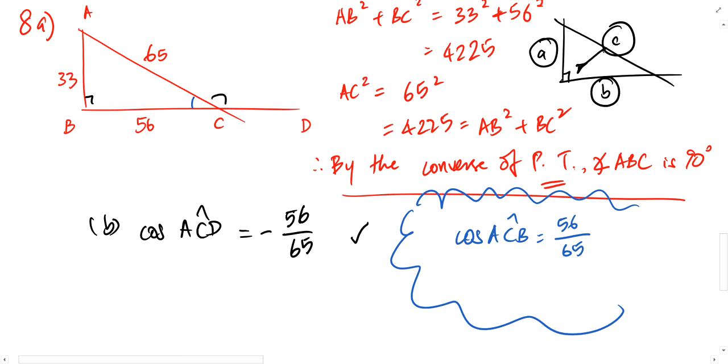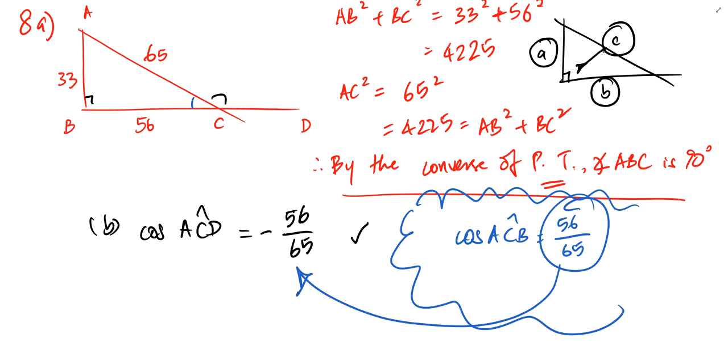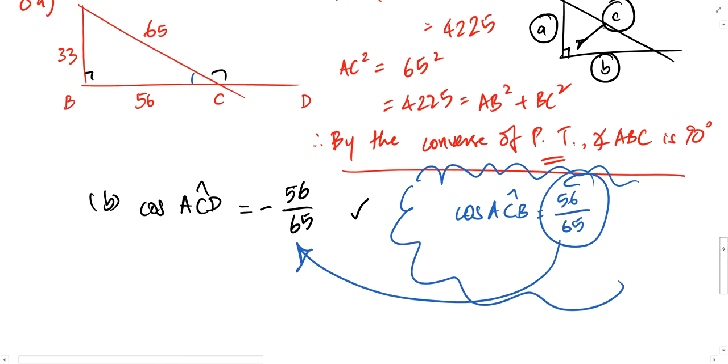Since the blue and the black angles are adjacent angles on a straight line, we can use the same relationship, cosine of (180 minus theta) equals negative cosine theta. Since this is 56 over 65, I change the sign to get the answer for cosine ACD. You can present your work just like that. That kind of question is 1 mark only. If there are no issues, let us move on to the next question, 9A and B.